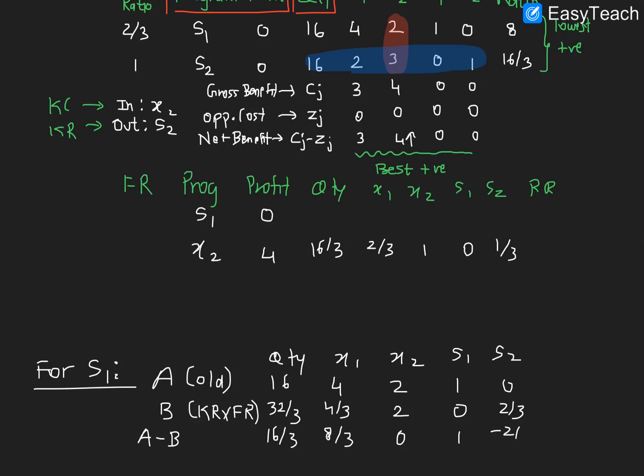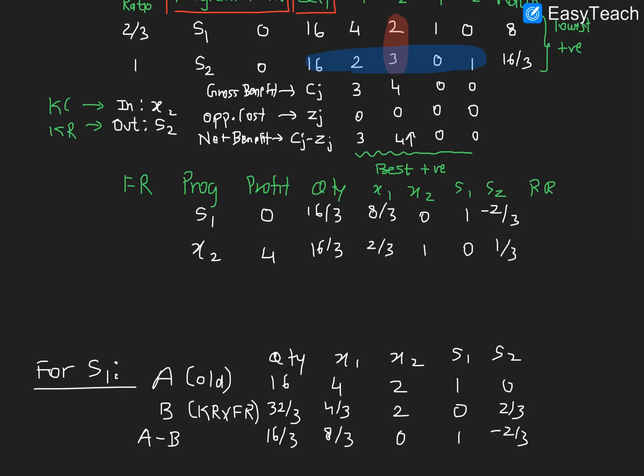Then we have 0, 1 and minus 2 by 3. So we are going to place this set of numbers A minus B as the values for S1. So let me write it down over here: 16 by 3, 8 by 3, 0, 1, minus 2 by 3.